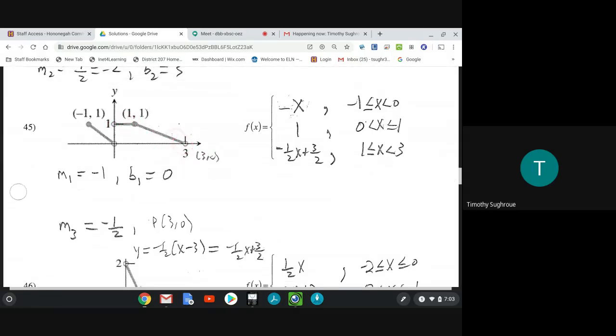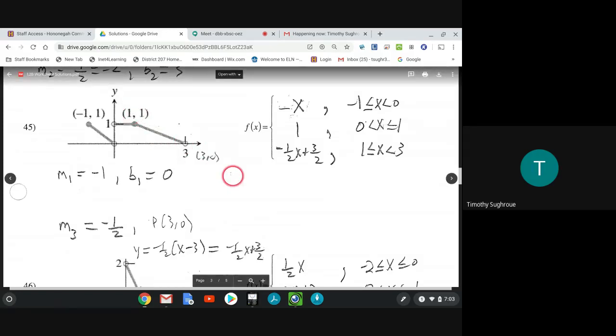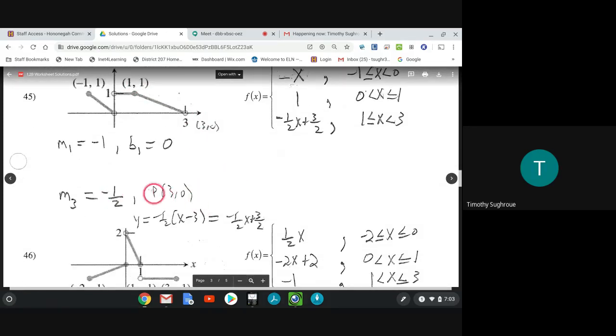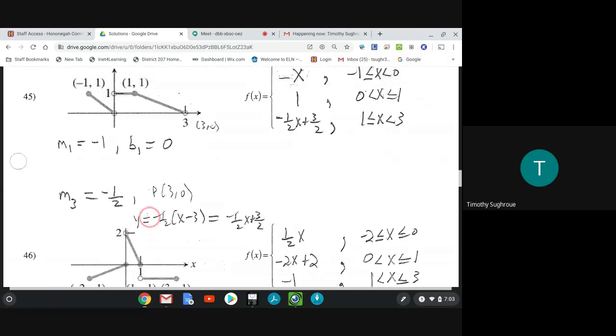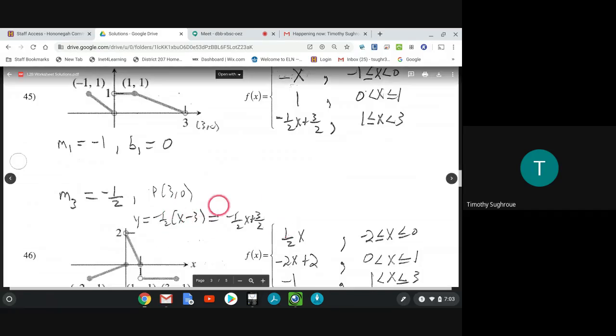Just remember, if you have a slope and you know a point that the line goes through, any point that the line goes through, use the point slope formula. Y equals 0, so we don't have to write that down, plus the slope, -1/2, times x minus the x coordinate, just like we did in section 1. Distribute, because we want to present these lines in slope-intercept form when we're writing these piecewise functions.